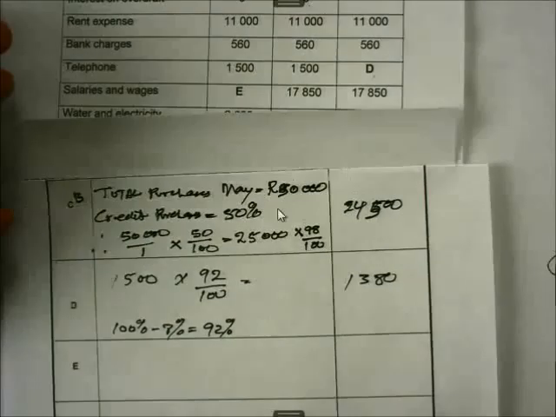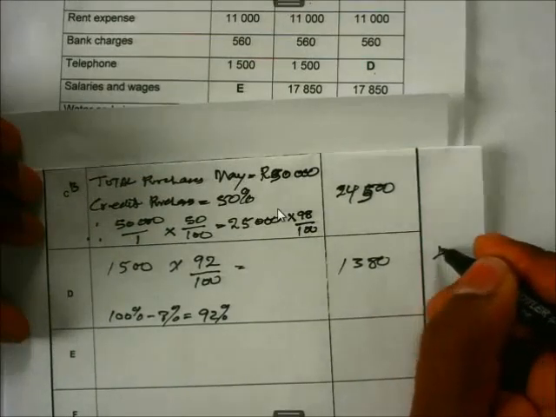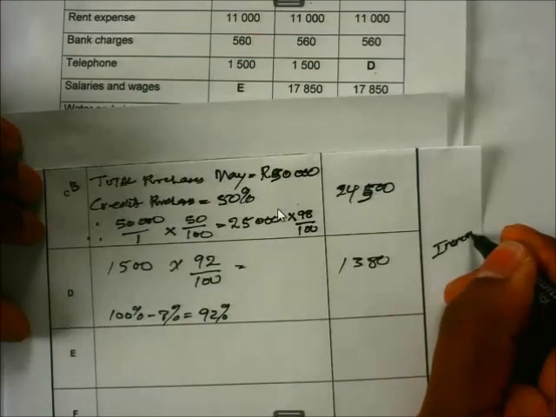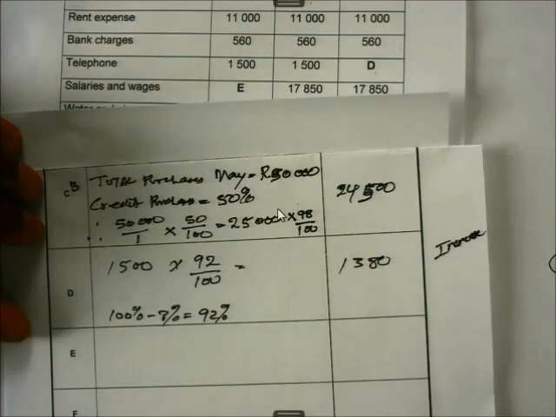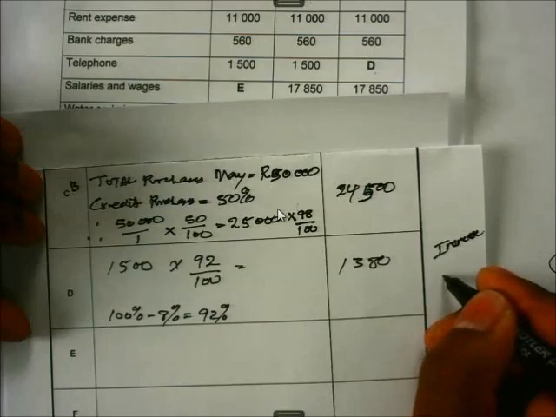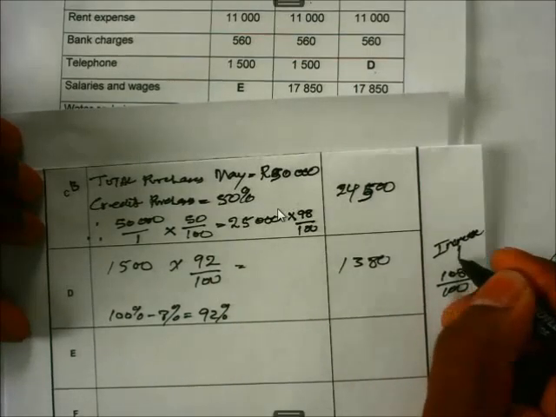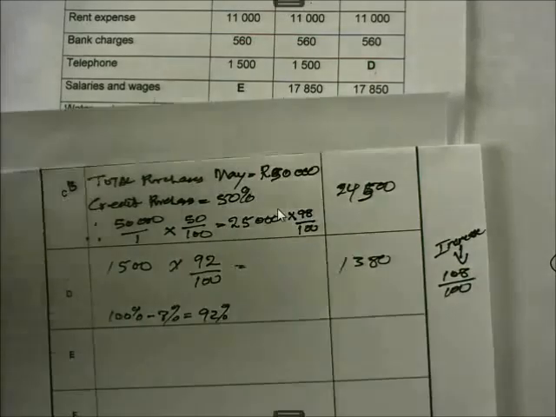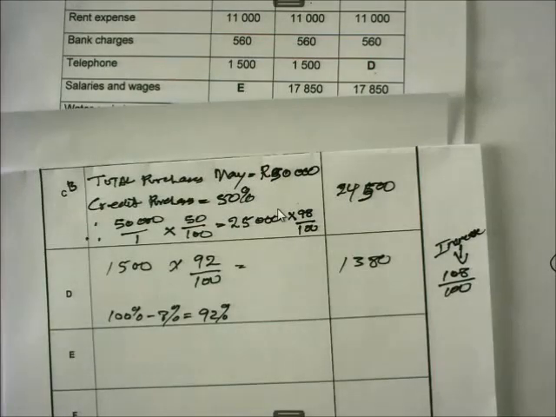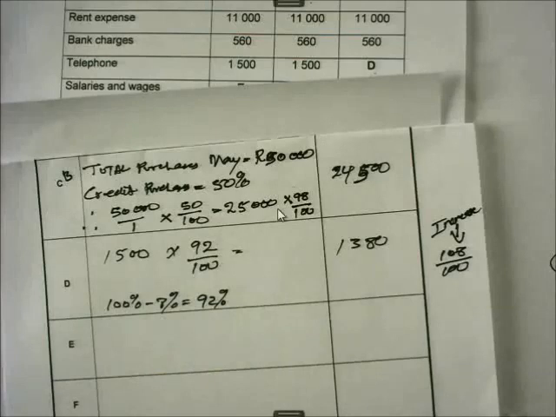Now, if the question had said telephone increase, I would have multiplied by 108 over 100, which is 100 plus the 8% increase. So here it has decreased. That is why I have subtracted the 8%. That is the shortest and the easiest way of making that calculation.